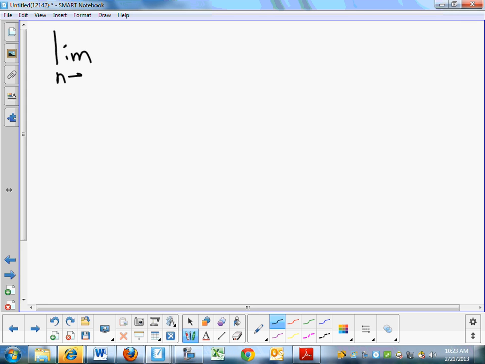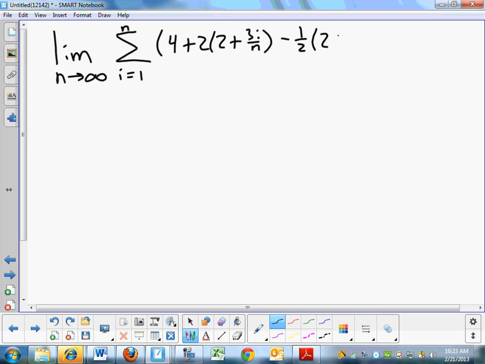The limit as n goes to infinity of the sum from i equals 1 to n of 4 plus 2 times 2 plus 3i over n minus 1/2 times 2 plus 3i over n squared quantity times 3 over n.